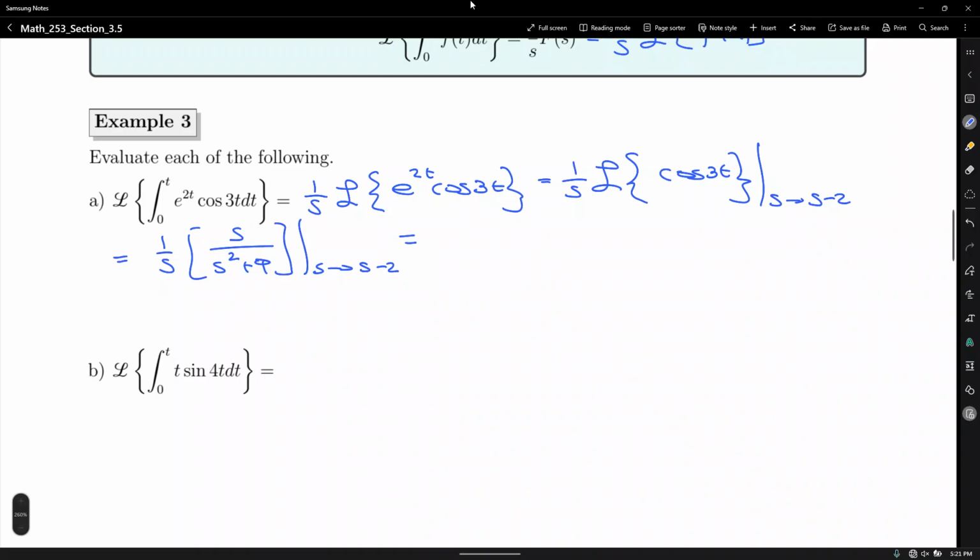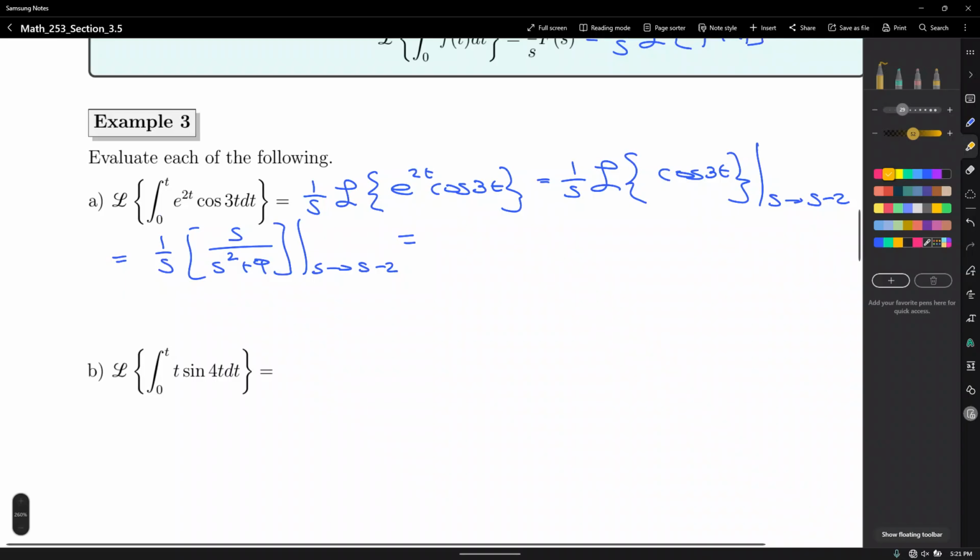Here, be careful. I know what you might be thinking about this one. Yes, these s's cancel out, right? But no, do not cancel them out, because this s right here will suffer a shifting. This 1 over s was not part of the transform that we are doing in the first place.